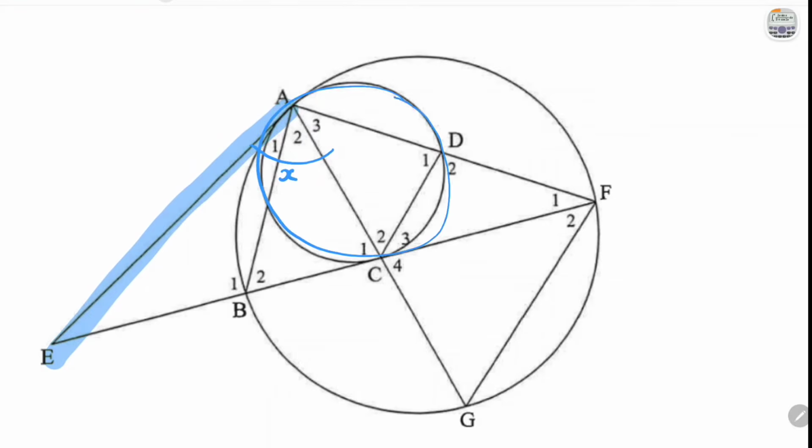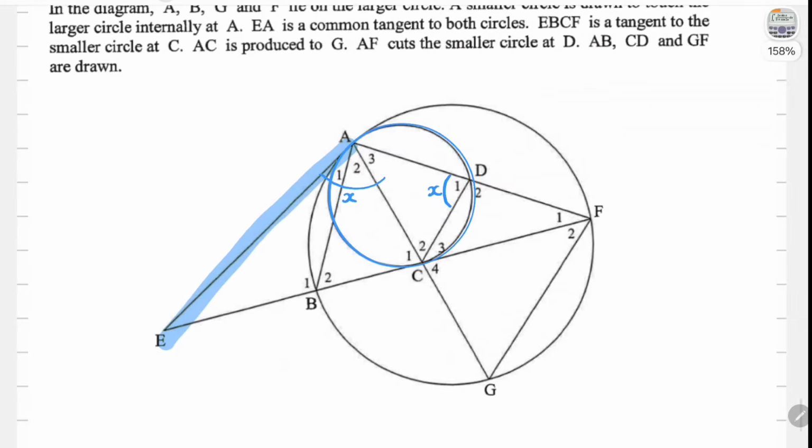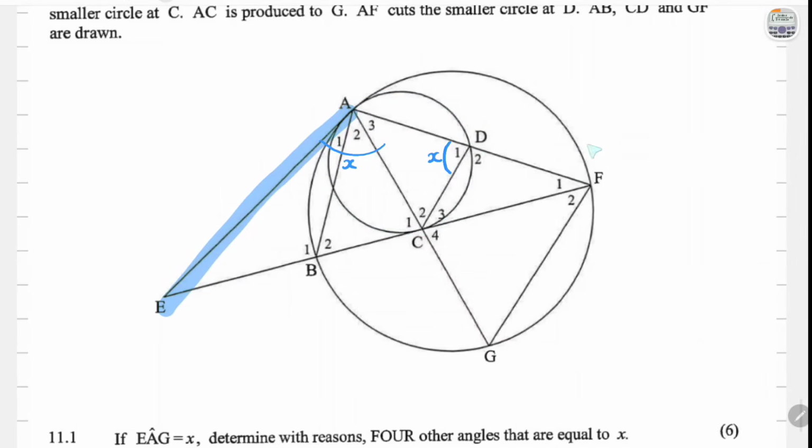Let's look at the smaller circle first. If this is your smaller circle and that is a tangent, remember that the angle between the tangent and a chord, in this case the chord would be AC, is equal to the angle supported by that chord, which is angle D1. So angle D1 is also equal to X, because of the tan chord theorem. We also have another situation with the tan chord theorem if we look at the bigger circle.